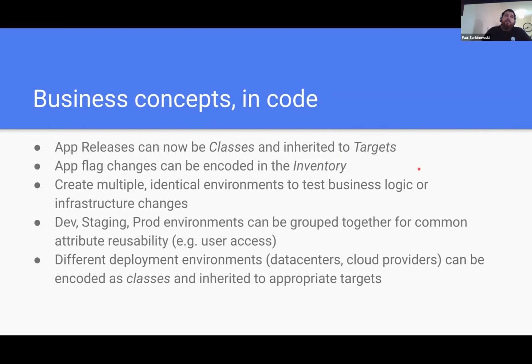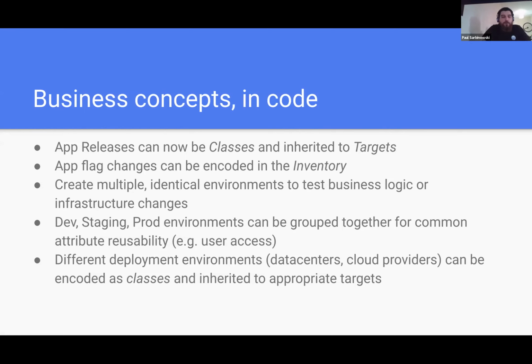Essentially, you can express all of these app-specific features as a class, which you inherit on your cycle of release. So dev targets would inherit it first, then UAT or whatever else you have in your environment, staging, and then production. And all you essentially change in these targets is you inherit a different class each time.